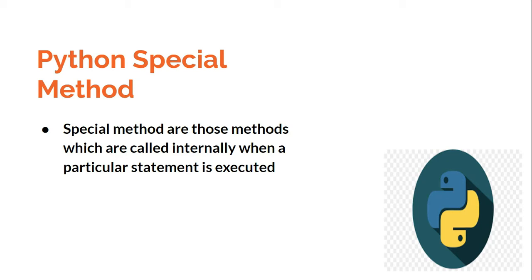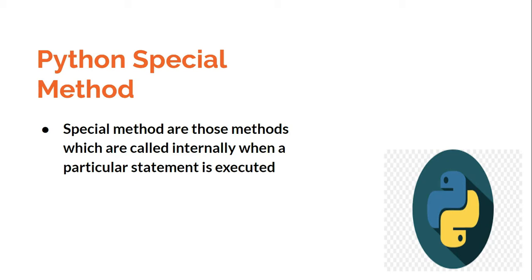So what is the meaning of this statement? It says that Python special methods are those methods which are not called explicitly. They are called internally when a particular operation or a particular type of statement is executed.